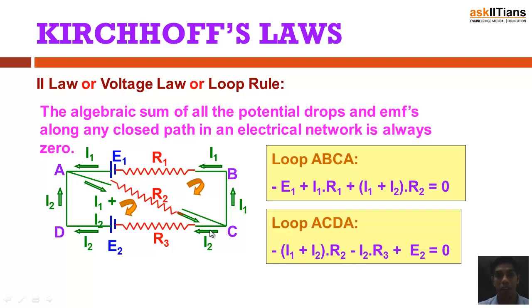Then I'm moving along I2, that is, for I2 I'm moving from C to D through the resistance R3, along the current of I2. So it will be minus I2 R3. Then I'm moving a charge, let's say a positive charge, from the negative terminal to the positive terminal. So I'm doing positive work, which is equal to plus E2.